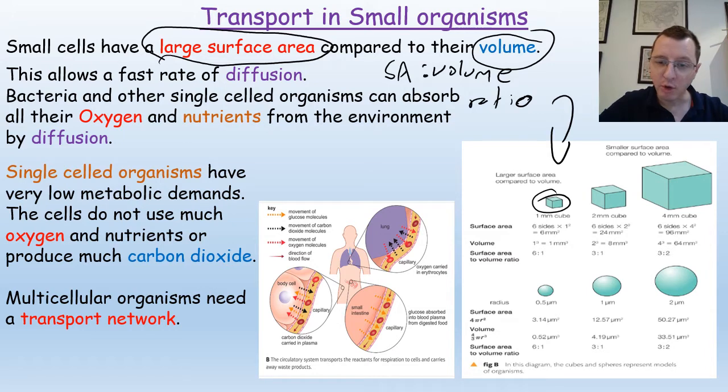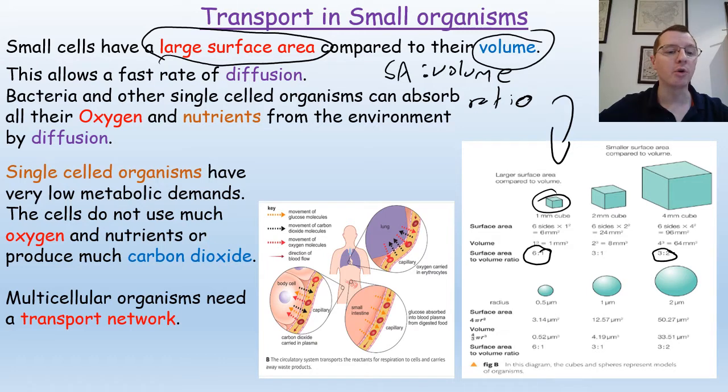So for very small objects, we might get a surface area to volume ratio of 6:1, but when we're looking at a larger object, it might be something like 3:2. So if we've got a large surface area compared to a volume, this will allow a fast rate of diffusion. Bacteria and other single organisms can absorb all their oxygen and nutrients from the environment by diffusion.